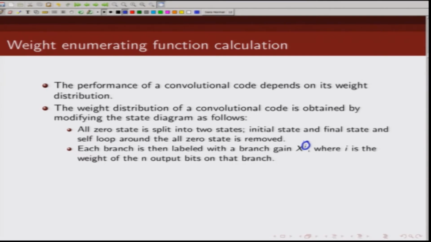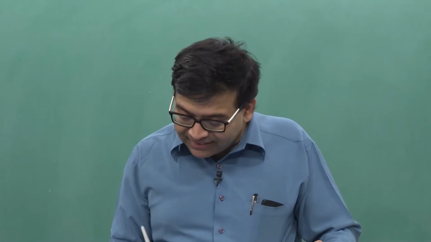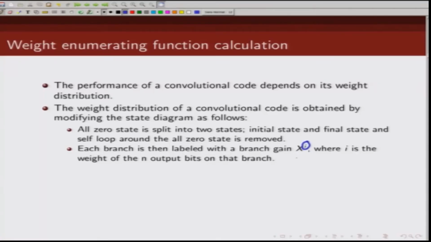So, for example, if we make a transition from state 0 to state 01 when an input 1 comes and the output is 1 1, then since the output is 1 1, we will label that branch by x raised to the power 2.